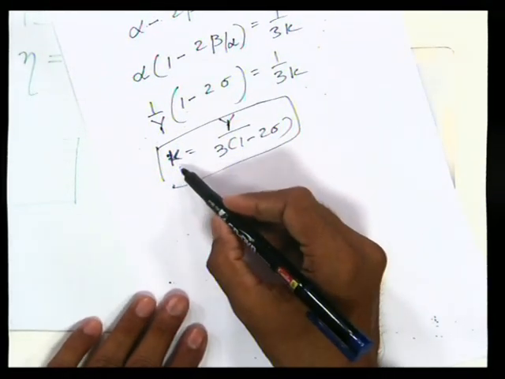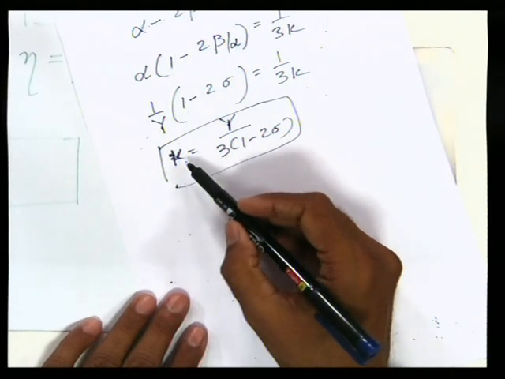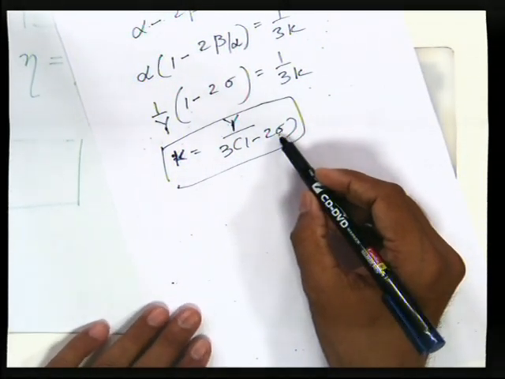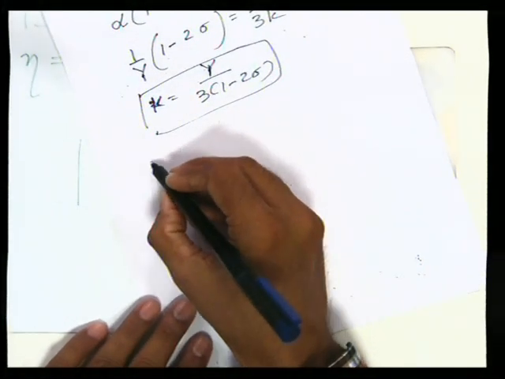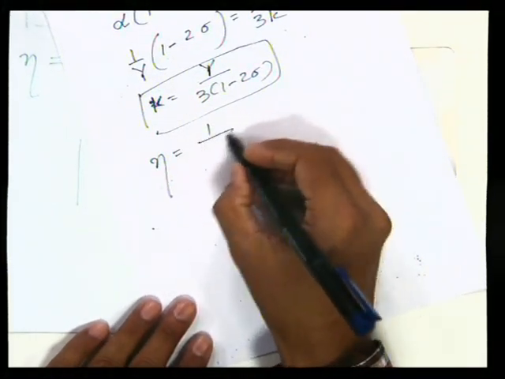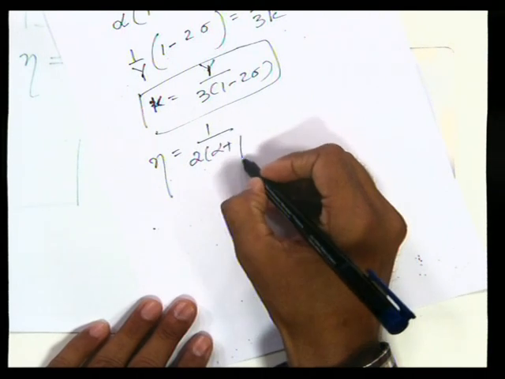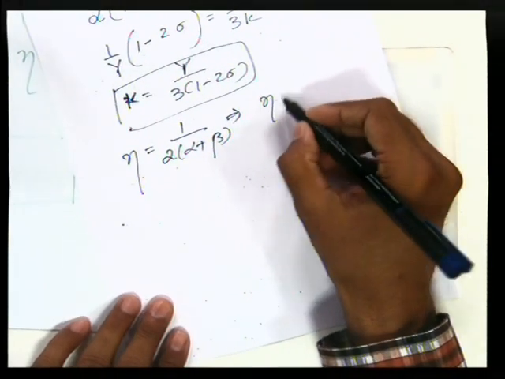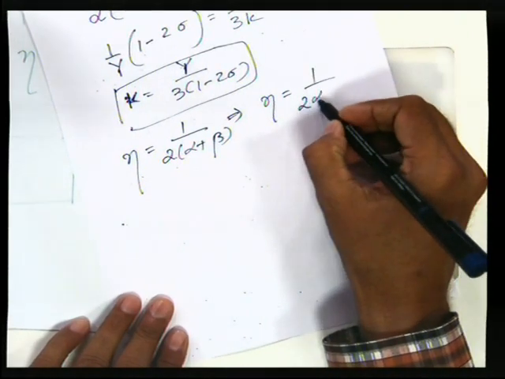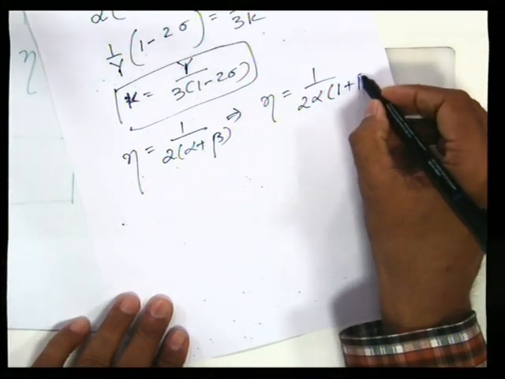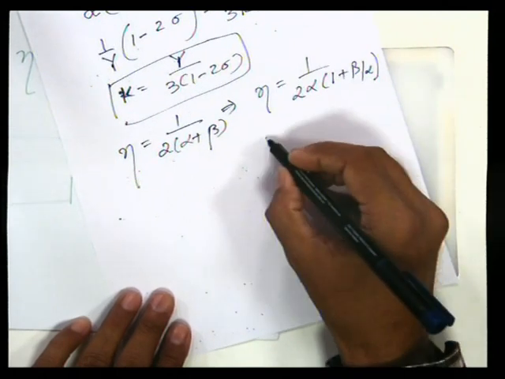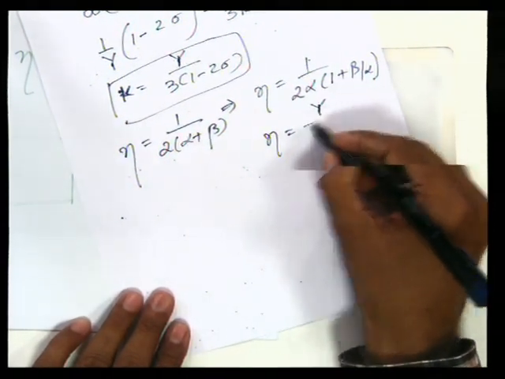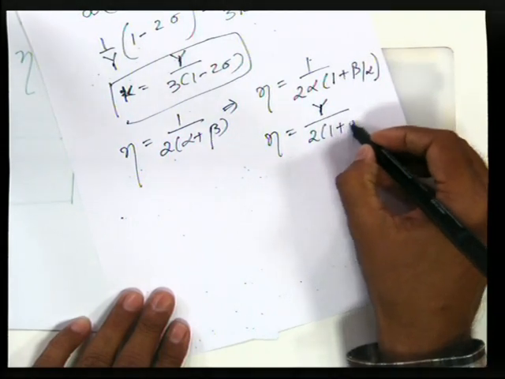This is the relation between bulk modulus, Young's modulus and Poisson's ratio. Similarly eta equal to 1 upon 2(alpha plus beta), so eta equals 1 upon 2 alpha (1 plus beta by alpha), so eta equals Y divided by 2(1 plus sigma).